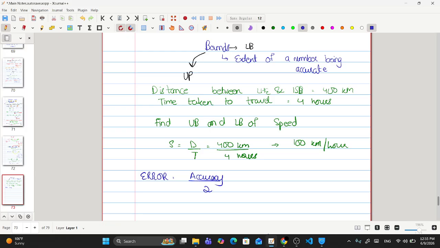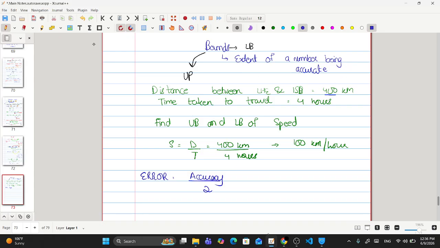Look, when I explained what bounds is, I told you that it is the extent of a number being accurate, right? So the extent of the distance being accurate is 400. The margin of error that you need here is supposed to be what?